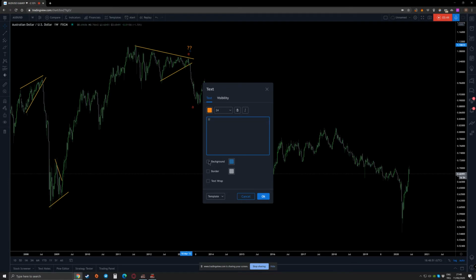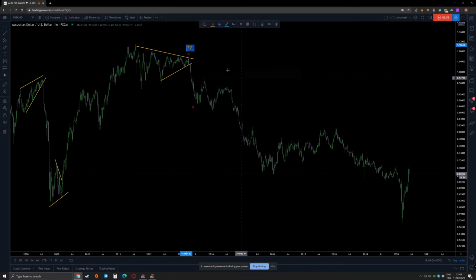I'll do it in the background, and this too. Let's do it like this. Make this border. I chose the worst colors, I'm sorry. Okay, something like this. So we have no idea. If you want, you can do it. Of course, it's not so hard. Look, A, B, C, X wave, A, B, C, D. It's not so hard, but it's not the point.